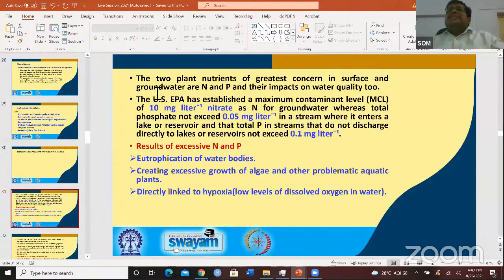The US EPA has established a maximum contaminant level, or MCL, of 10 milligram per liter nitrate as nitrogen for groundwater, whereas total phosphate should not exceed 0.05 milligram per liter or ppm.